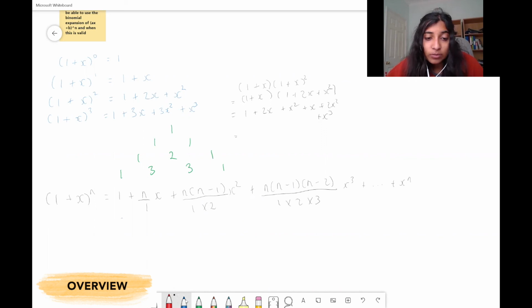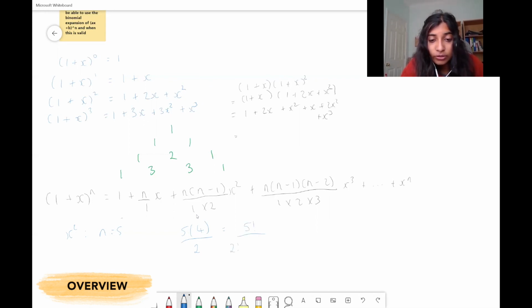Let's say, for example, you wanted to find the coefficient of x squared when n is equal to 5. If you just sub in 5 into this expression, you would get 5 times 4 all over 2. And that's just the same as 5 factorial over 2 factorial times 3 factorial.